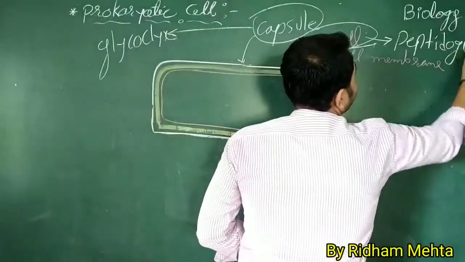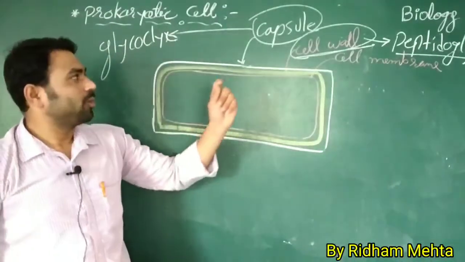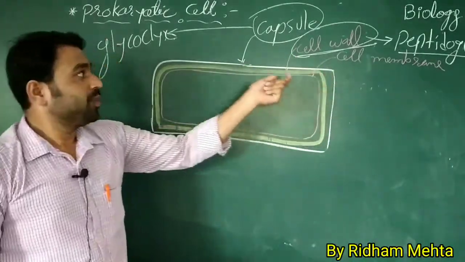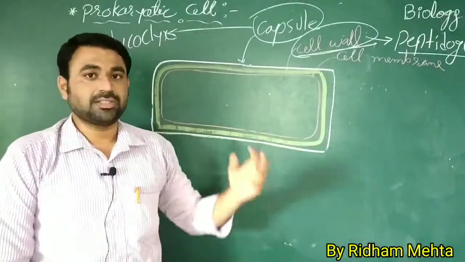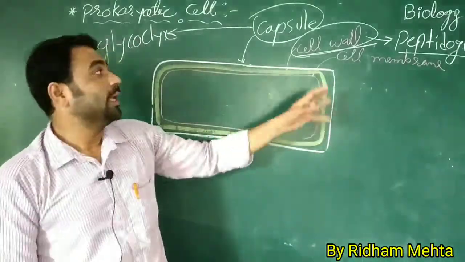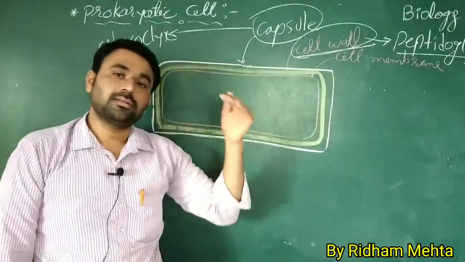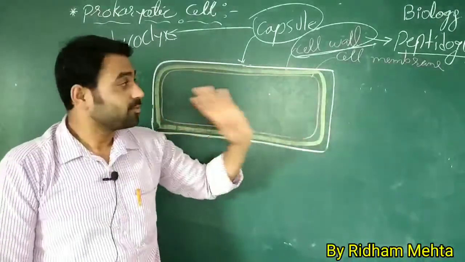Peptidoglycan is one type of glycoprotein. But I already said that there are a few bacteria which don't have any cell wall. They are devoid of cell wall. So mycoplasma doesn't have any cell wall.